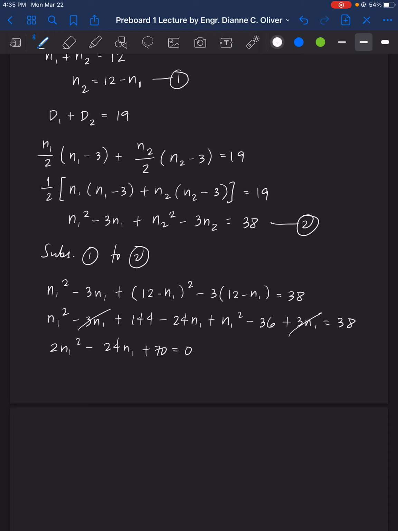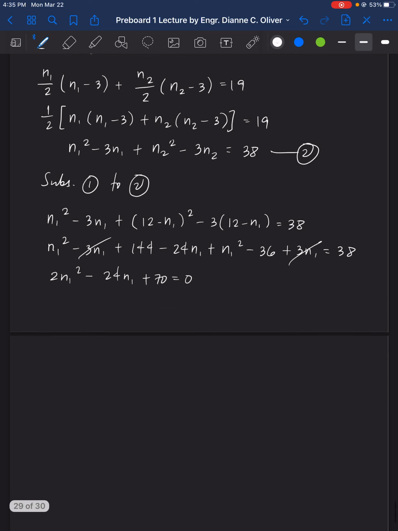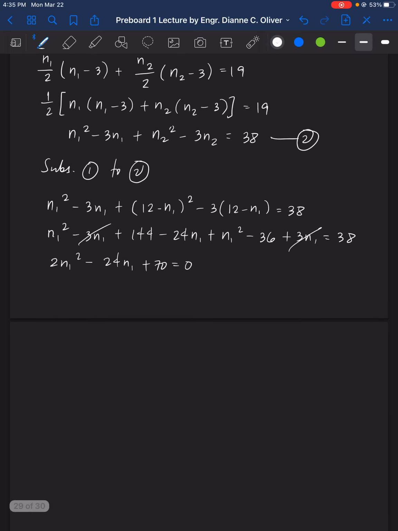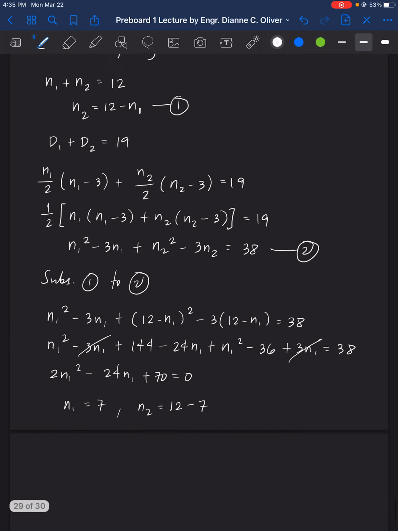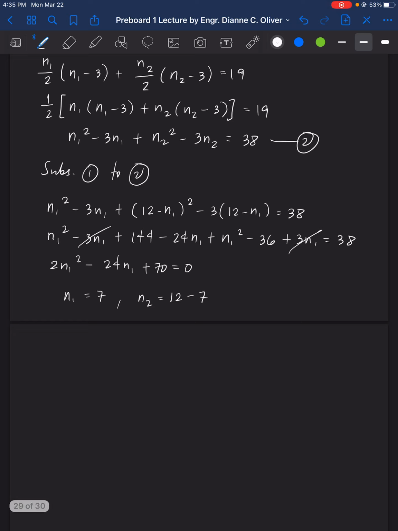So using the quadratic equation, or by using your calculator directly, we have n1 is equal to 7 and n2 is equal to 12 minus 7. Remember from equation 1, n2 is equal to 12 minus 7, n2 is equal to 5.